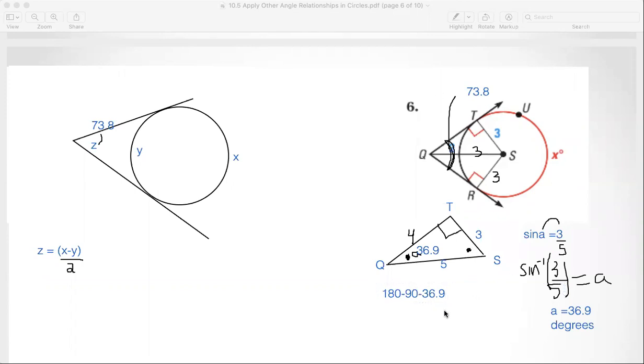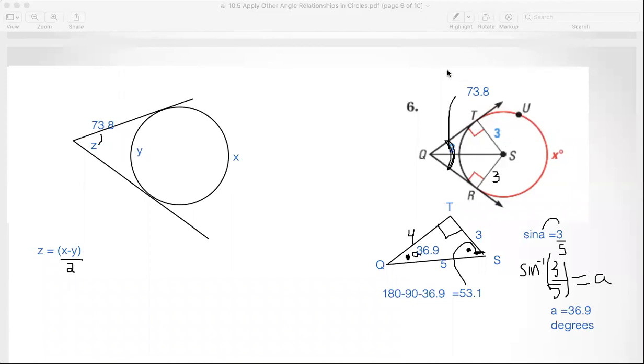So 53.1 is the other angle of this right triangle. Okay, so that's angle S. 53.1 doubled is 106.2.